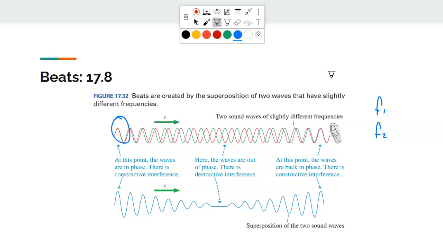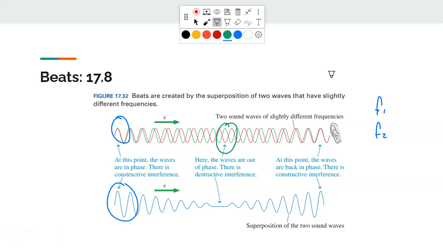Okay. So I know it's hard to imagine maybe, but walking through this picture, either right now or if you want to come back to this, I think can be really helpful. So you see this blue curve is just the superposition of the red and the green. And so in this region where they overlap exactly, we get constructive interference. But then because one of these is slightly longer than the other, since they have different frequencies, eventually they'll come completely out of phase.